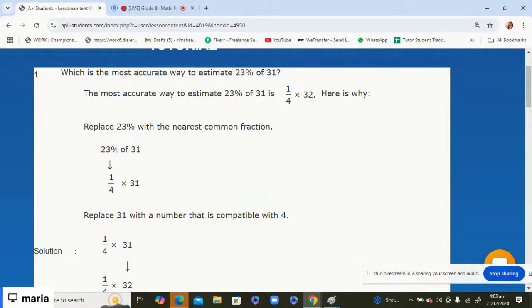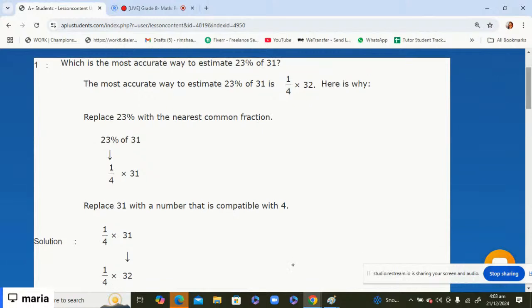Which is the most accurate way to estimate 23% of 31? First of all, we are just going to check 23% of 31. We first divide 23 over 100 and then multiply with 31.